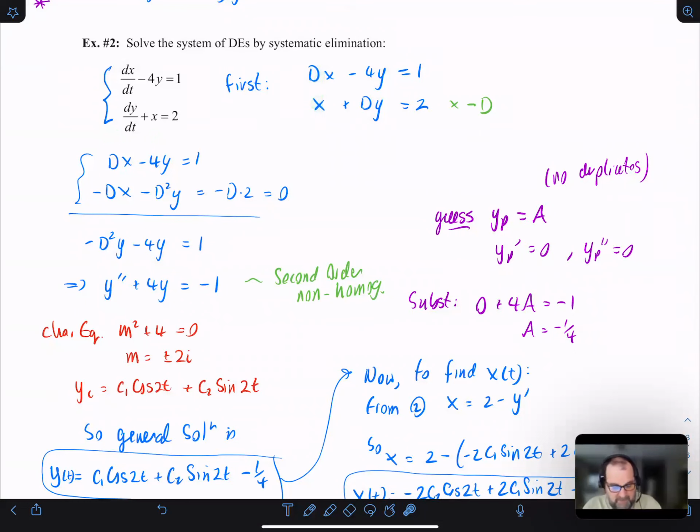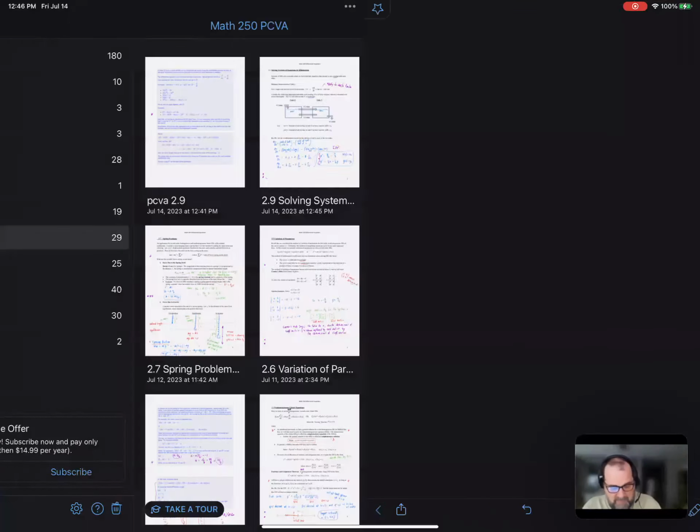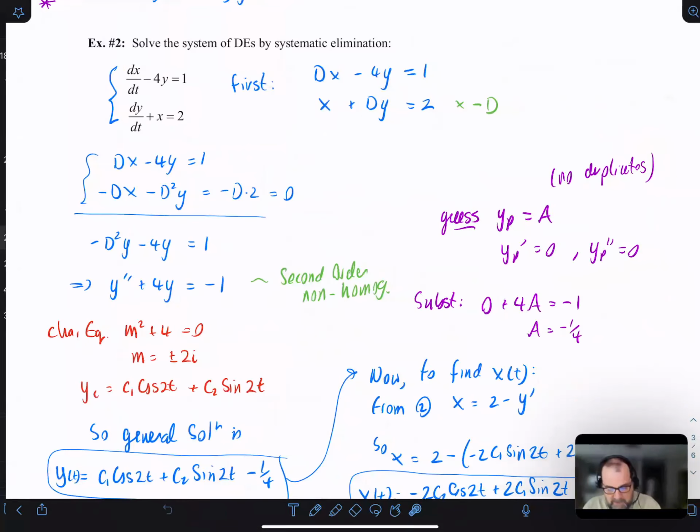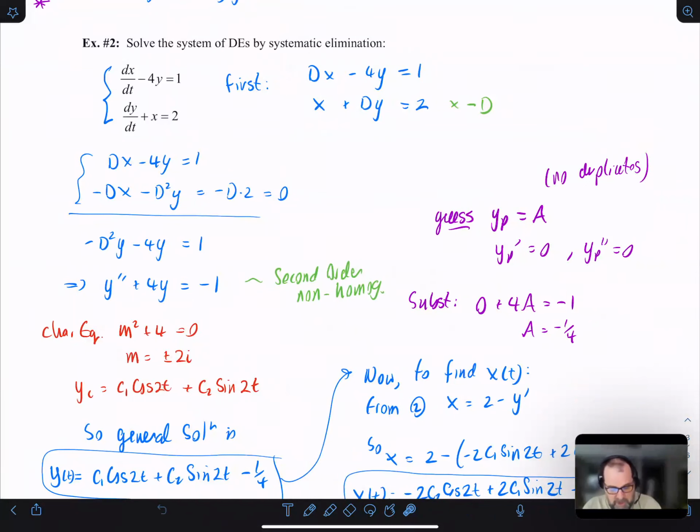Then I have the x first, and then the Dy second equals the number on the other side. So this is my first step, and that is I really want to rewrite and re-envision this linear system of DEs in this fashion. Once I have it in this fashion, I can think about setting up the elimination.